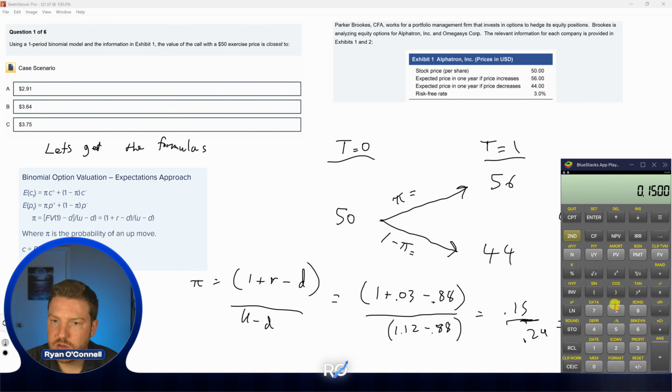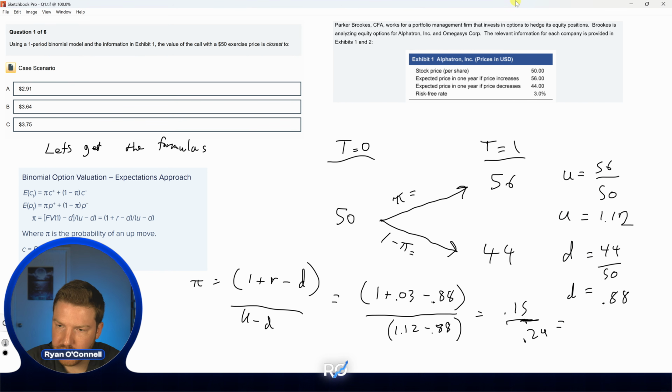That gives us 0.15, that's right, divided by 0.24. I was right. See, guys, you just have to have more confidence in yourself sometimes. That's my inspirational quote of this stream. So we get a 62.5% probability of this going up to this value, and then 1 minus that. Since I'm on a roll with the mental math, that's a 37.5% probability of this down move happening here.